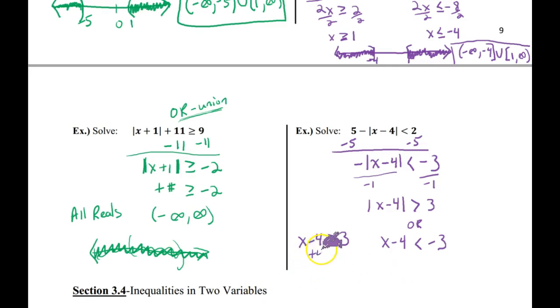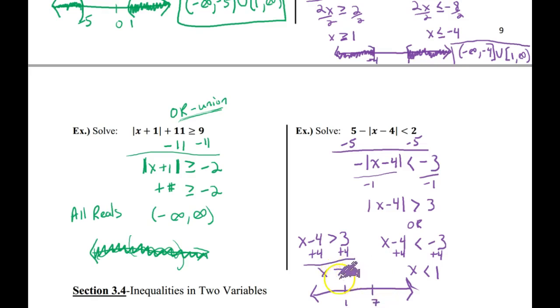I solve for x. Add 4 to both sides of my inequality. I get x is greater than 7, or x is less than negative 3 plus 4, which is a positive 1. So now I keep going, I graph. I plot 1 and 7.